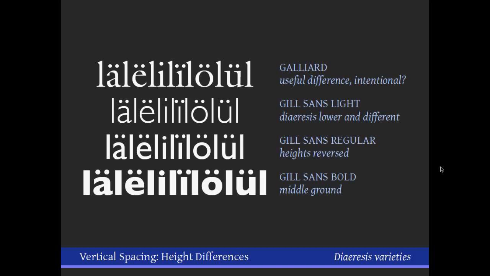Now, other changes seem less purposeful. You see these odd, strange variants in Gill Sans in the various weights. And this was just because different designers worked on things at different times and they made different decisions. But it's this sort of inconsistency that you want to avoid. The apparent inconsistency in Galliard is a bit different. That seems a bit more purposeful. Well, so how do you vertically align things?